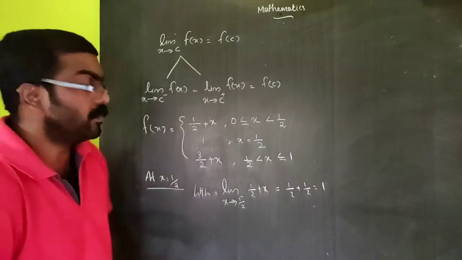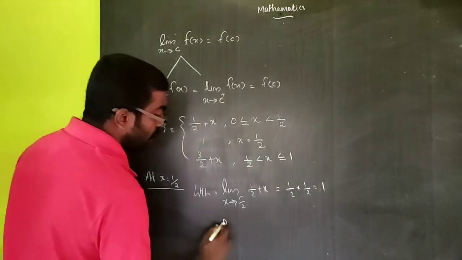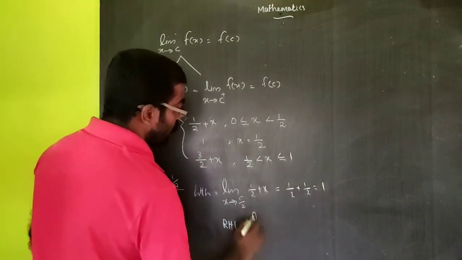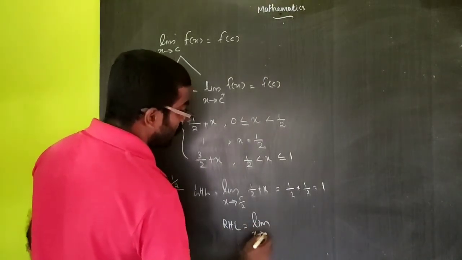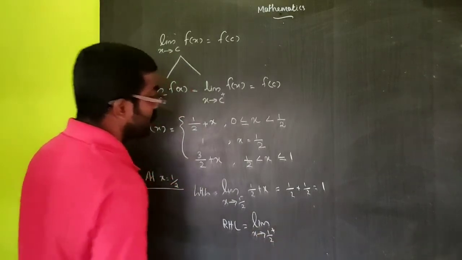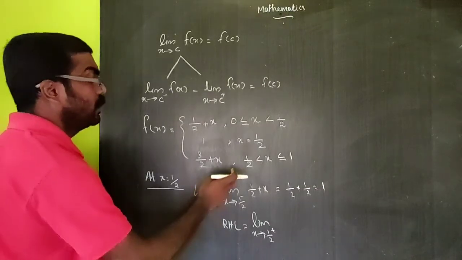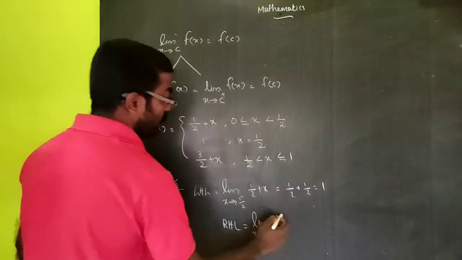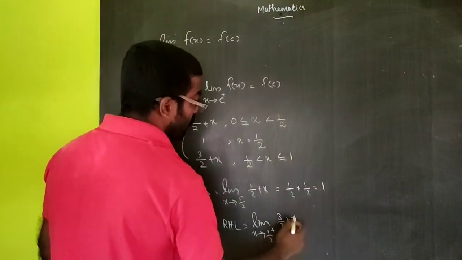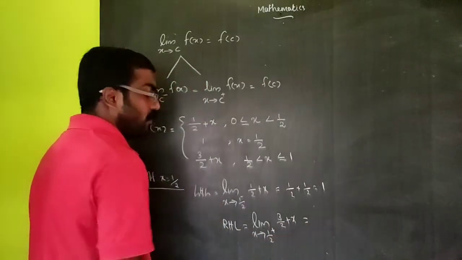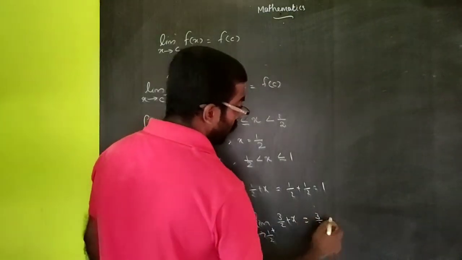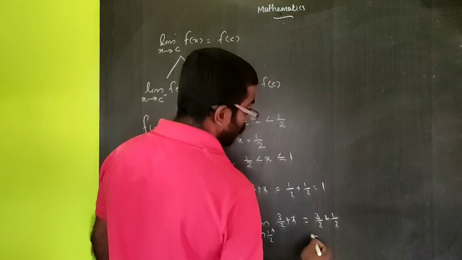Then the right hand limit RHL is equal to limit x tends to 1 by 2 plus f of x. Here x is greater than 1 by 2, so it will be 3 by 2 plus x. Replacing the value of x, 3 by 2 plus 1 by 2 gives 4 by 2, that is 2.